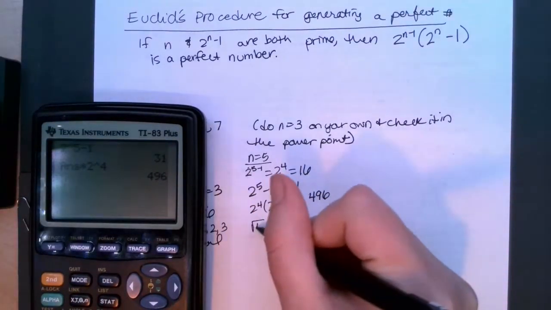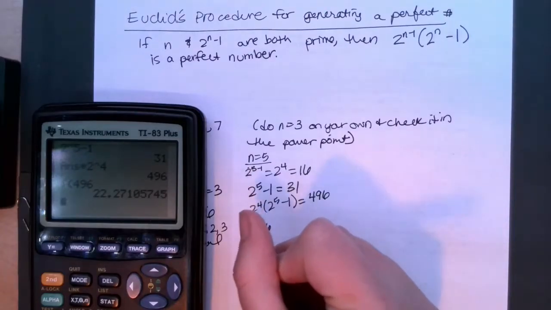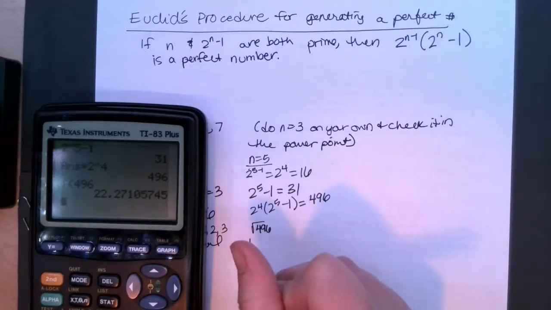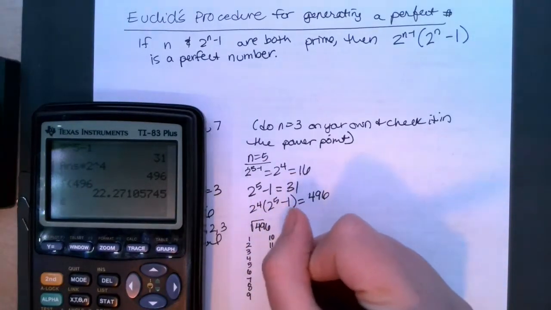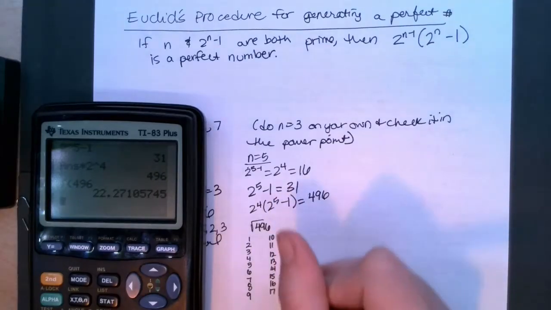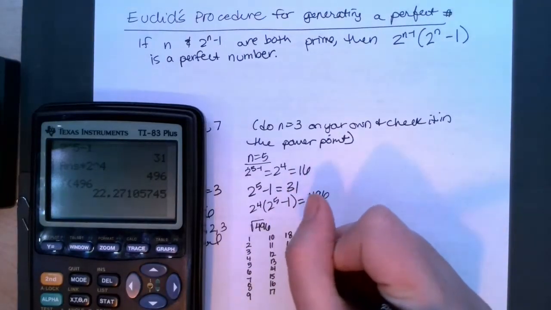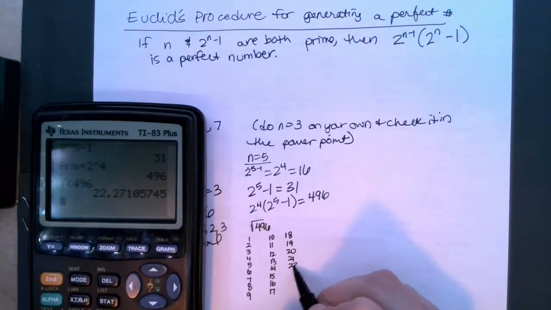Now we have to go through the factors of 496. First thing we're going to do, we're going to find the square root of 496. That's 22.27, so it's going to fall between 22 and 23. So we check 1, 2, 3, and so on up through 22, and then we're done.